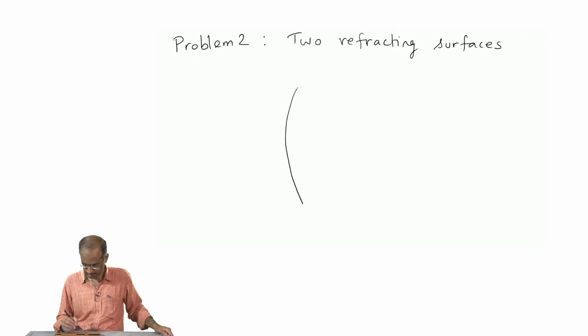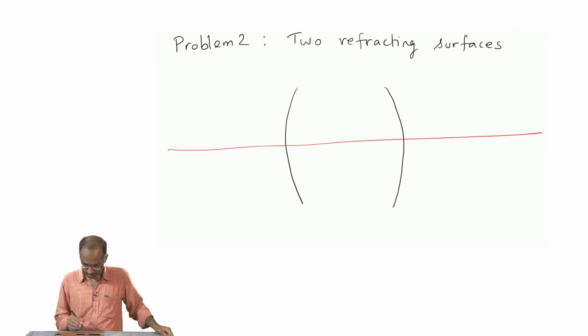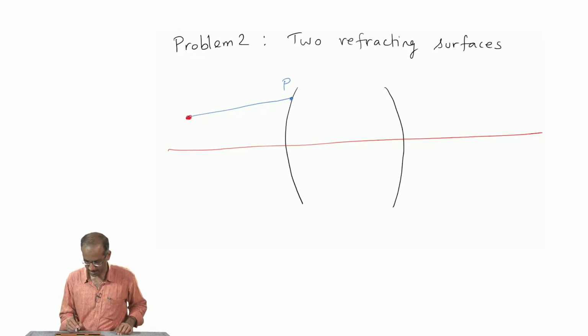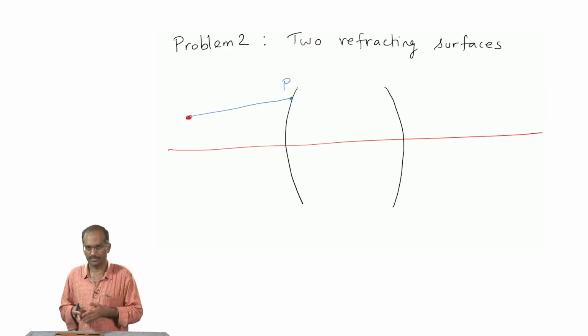I have two refracting surfaces, and this is my axis, and I have this point O which has an object, and this meets the first refracting surface at point P, and then there is refraction happening internally, in the sense that you can imagine that there could be even other refracting surfaces in between these two.